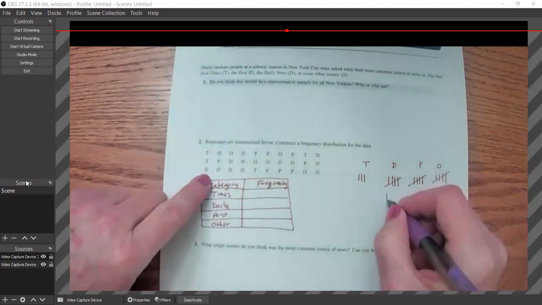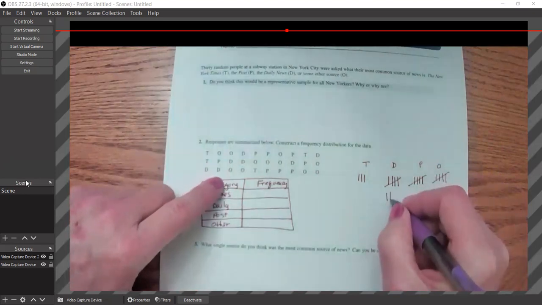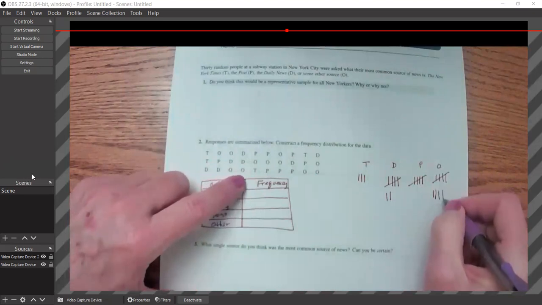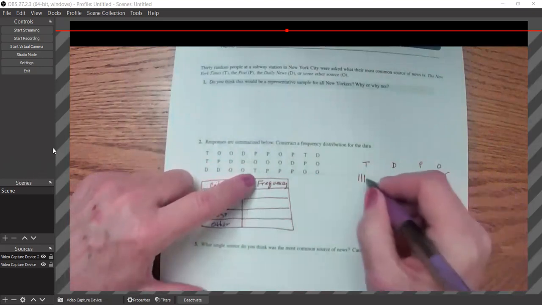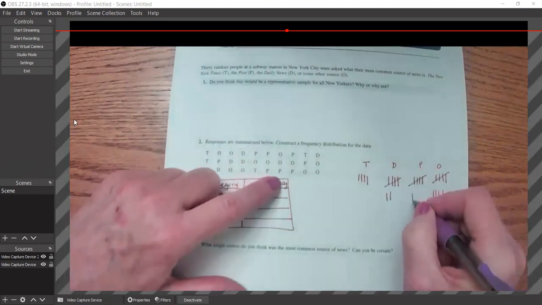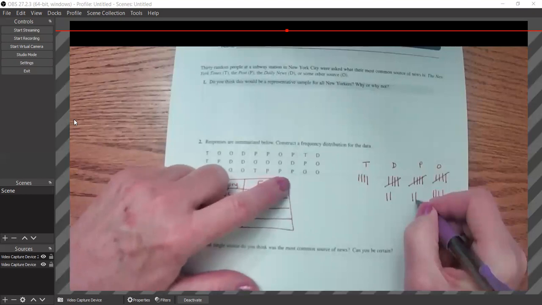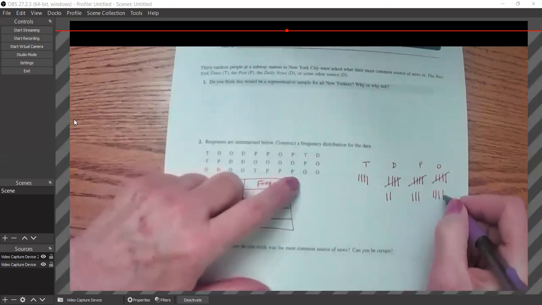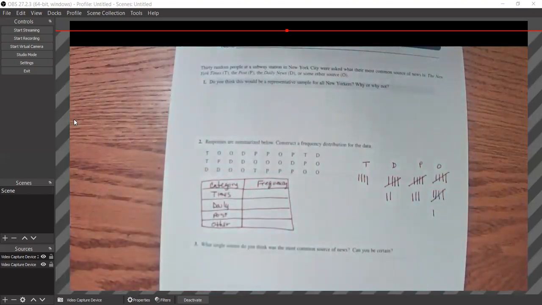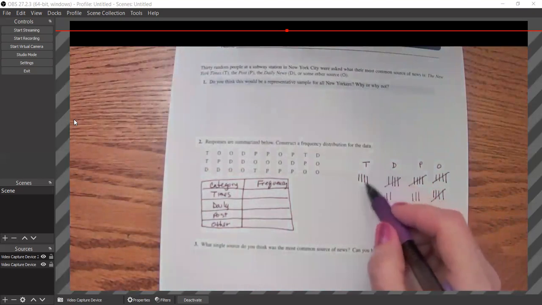And then Daily News, and Daily News, and Other, and Other, and Times, and Post, and Post, and Post, and Other, and Other. So these are our totals.